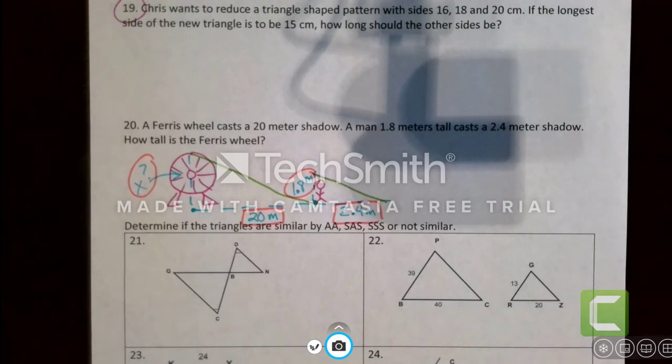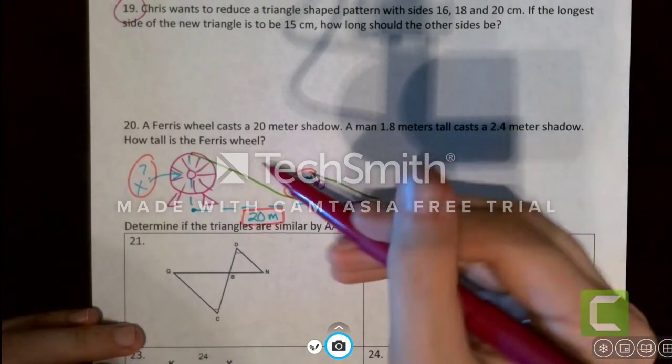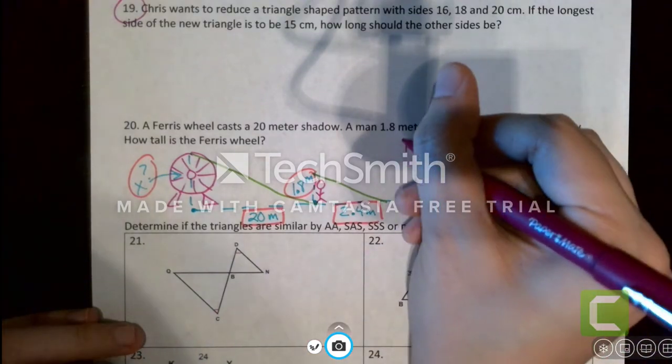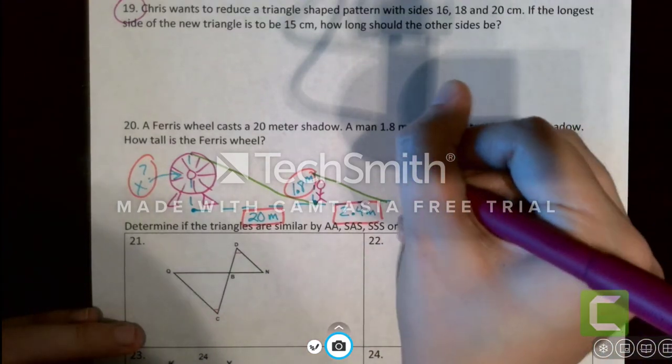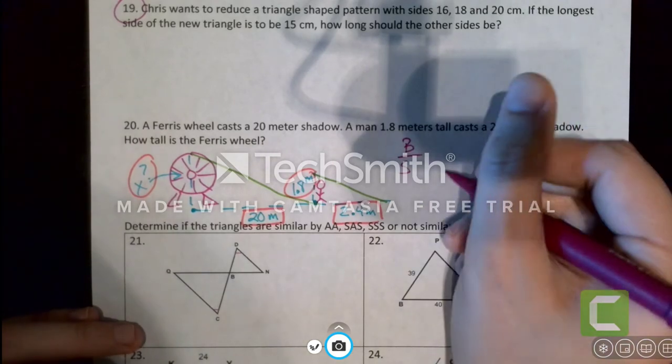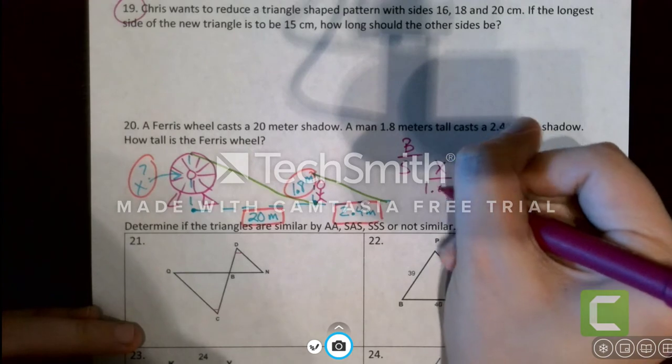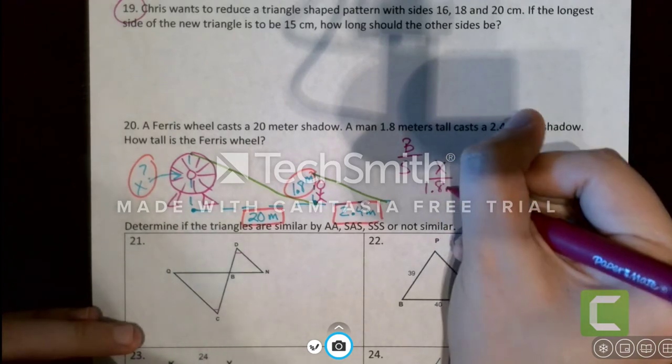So I'm going to write it as this. Let's do our x's on top, which means we're going to put our big values on top. We're going to do big values on top with the small on the bottom. So for the shadows, that means we have to do x over 1.8 meters.